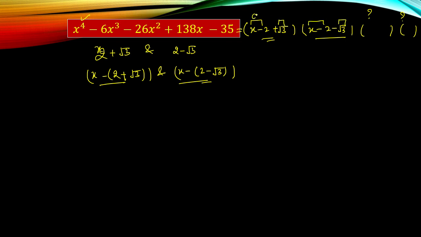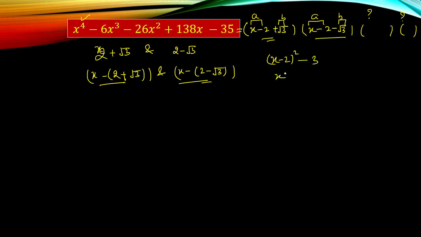This is like a, this is like b, so we can apply the a plus b into a minus b identity, that is a square minus b square. That means x minus 2 whole square minus root 3 square, that is 3.